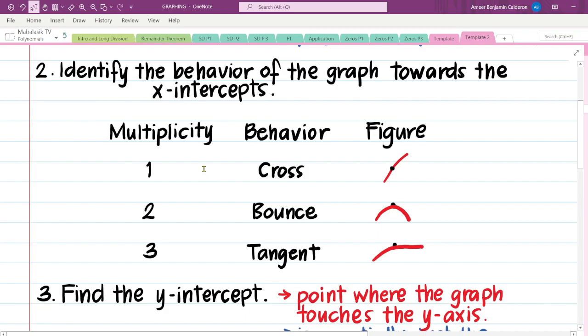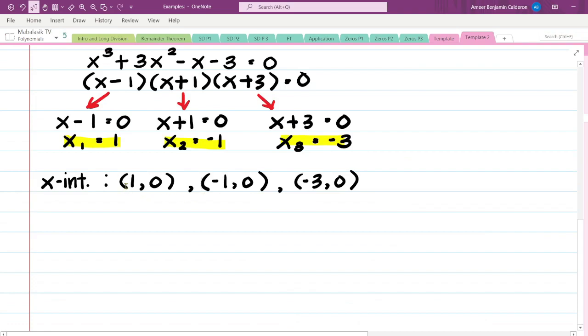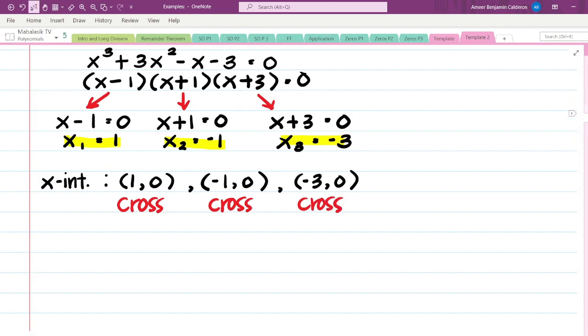But we have identified that we have x-intercepts that have multiplicities of 1 only. Therefore, in each of these x-intercepts, our graph will only cross. So we have a cross here, we have a cross there, and we also have a cross here. So that is our second consideration.